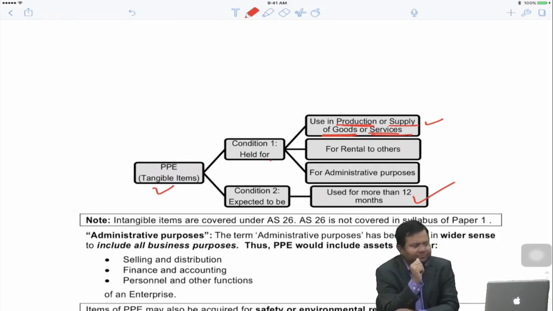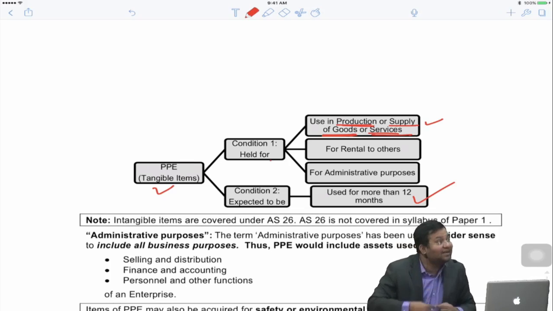I am a dealer in Mercedes-Benz cars. I have 10 Mercedes-Benz cars. They are not PPE. They are held for sale.